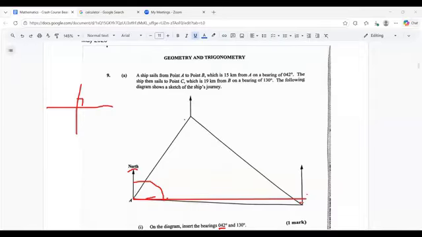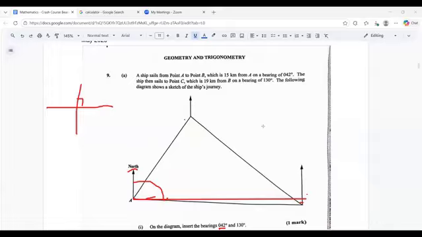This point cannot be B because this bearing, or angle, from north of A to the line that connects A to this other point is a little bit greater than 90 degrees. In a question, you'll have to use common sense in a way.